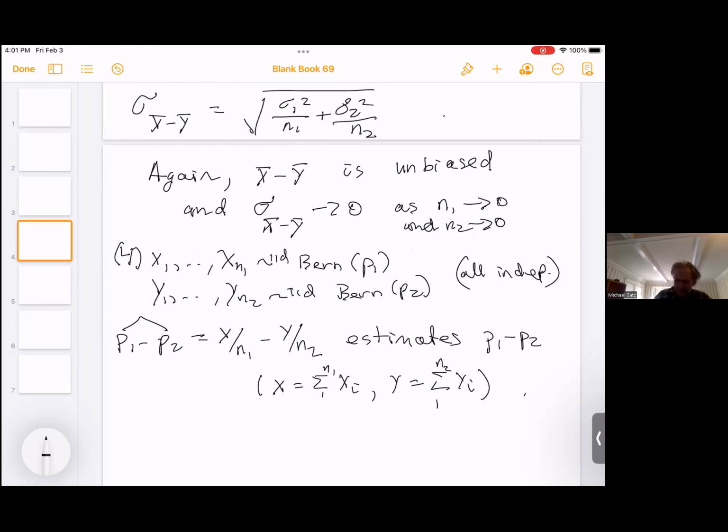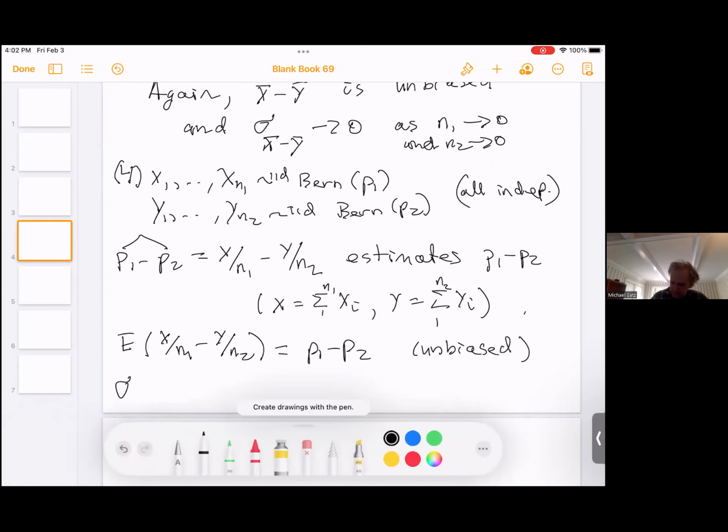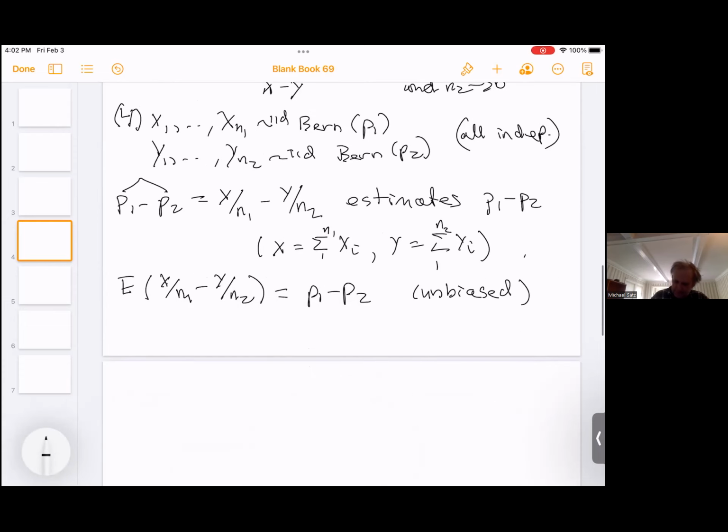Okay, we have E of X over n1 minus Y over n2. This is just equal to p1 minus p2, so it's unbiased. And let's do the variance first.